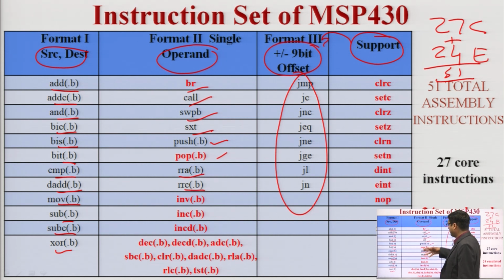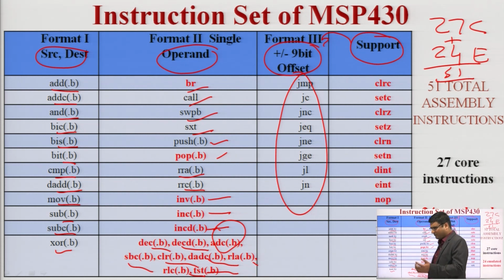We will see the meaning of RRA and each and every instruction in our further slides. INV, INC, similarly DEC, ADC, these are all single operands, that is format 2 instructions. SBC, CLR, DADC, RLA, RLC, TST, all these are single operand instructions.